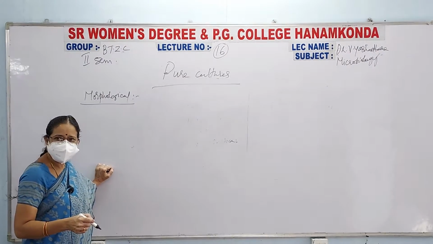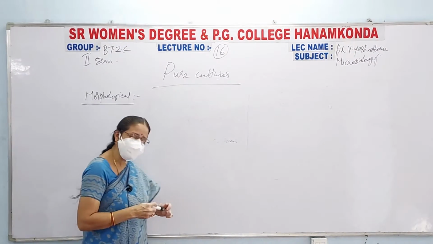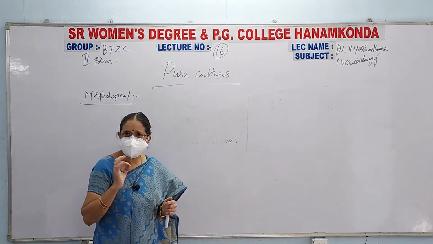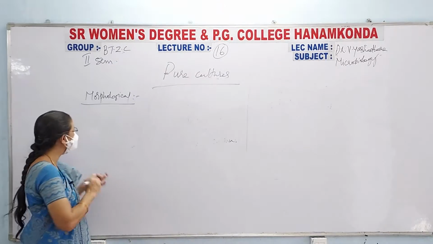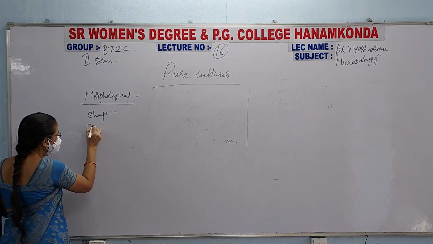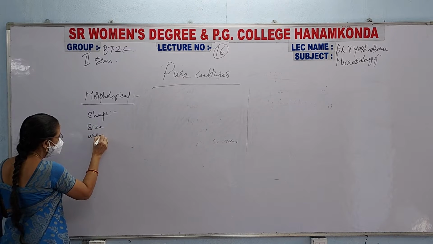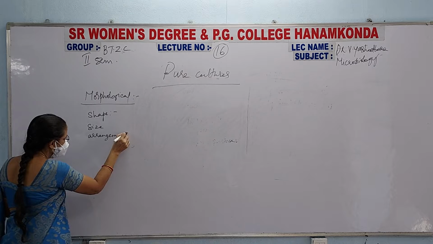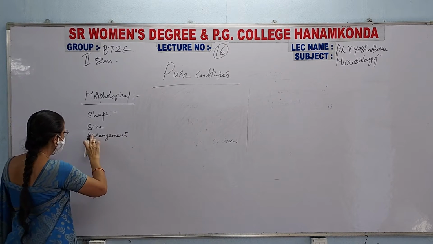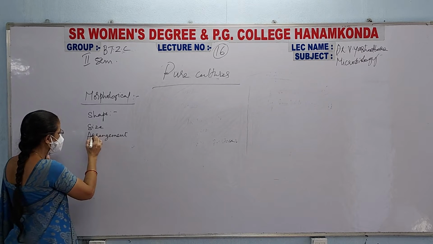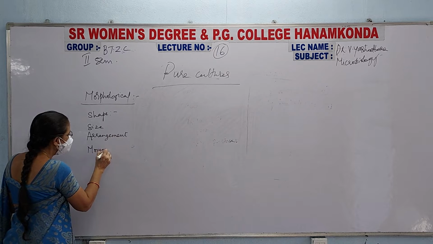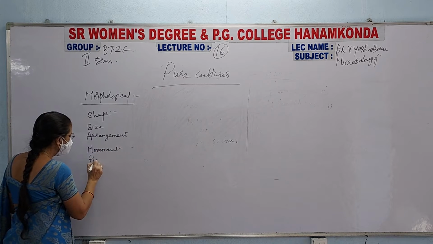What are the morphological identifications? What is the meaning of actually morphology? It means external features. Looking at the external features, you have to identify it. For that, you have to see the shape, size, arrangement, next movement, flagella.